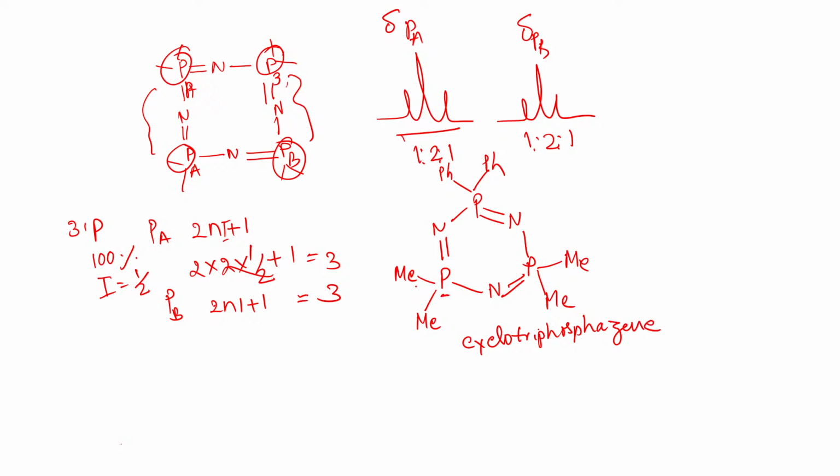This phosphorus has 2 methyl groups, and this phosphorus has 2 methyl groups, whereas this phosphorus has 2 phenyl groups. So these two are identical. For example, if you do a C2 symmetry operation rotation, these two cannot be distinguished. So these two are identical. Let's say these two are A, and this, let me call it X. Then this is an A2X type spin system.